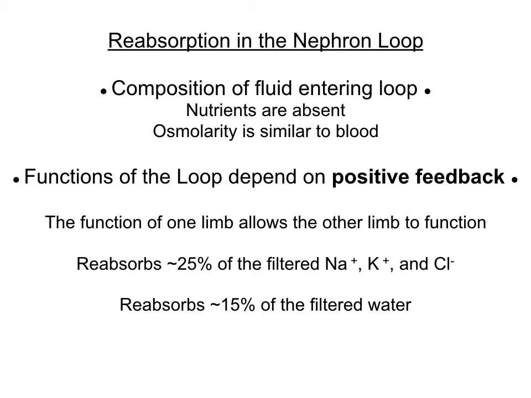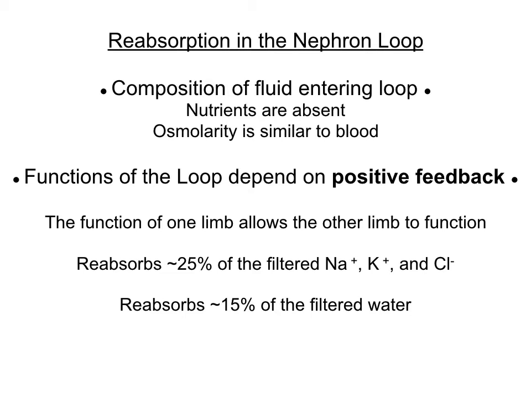Now, the nephron loop poses an issue for instructors when they start thinking about how to teach it, because its functions depend on positive feedback, meaning the function of one limb actually allows the other limb to function. So if you have something that's running on a loop, there really is no start and no finish.